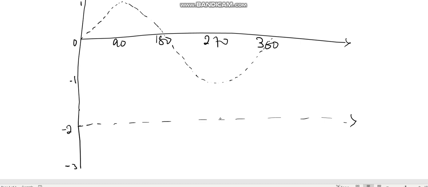It will touch negative 1 at 90, touch negative 2 there at 180, negative 3 at 270 there, and negative 2 at 360 there. So the nature of this graph is going to be like this.